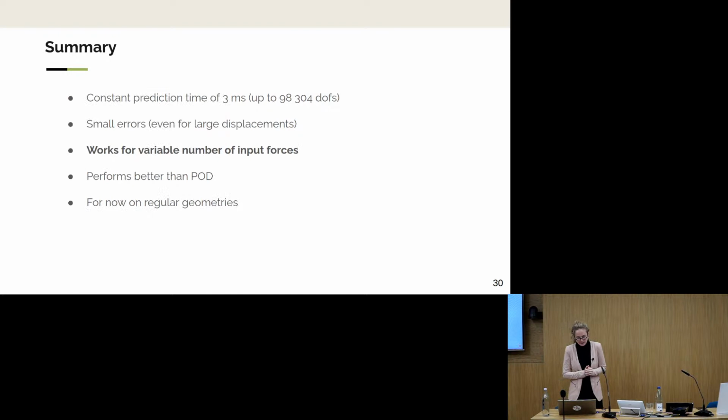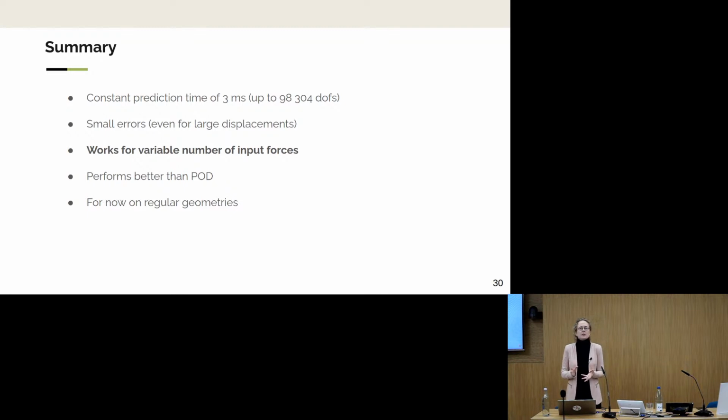So let me summarize what we've done till here. We have a method that predicts a displacement in a constant amount of time up to a certain grid resolution. It produces small errors, even for large deformations, even for large displacements, and it works for a variable number of input forces.